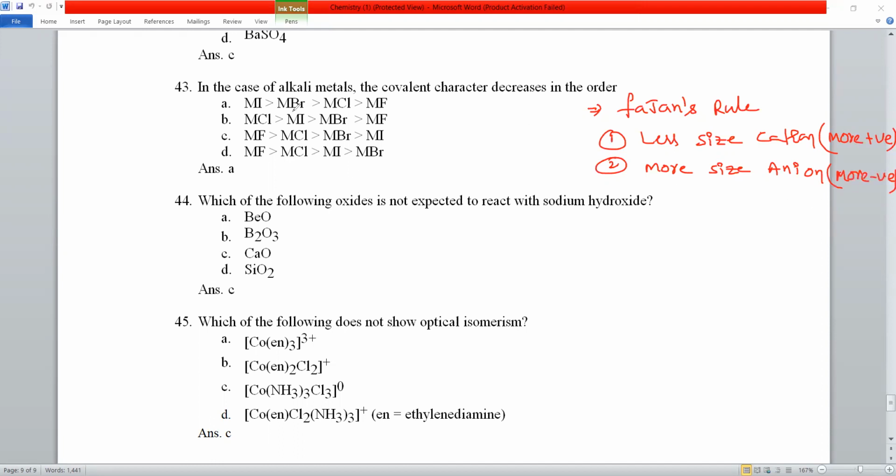Metals all have the same charge, so which anion size is more? Iodine is more than bromine, than chlorine. Top to bottom size increases, so covalent character also increases. So that's why option A is the correct one.